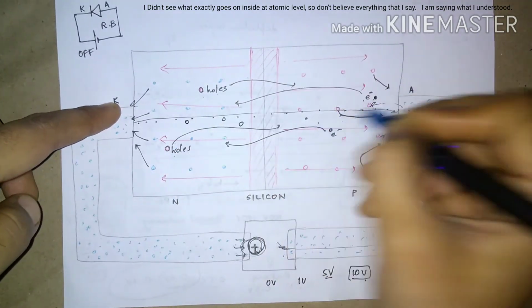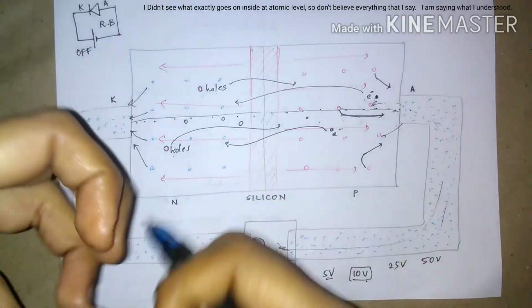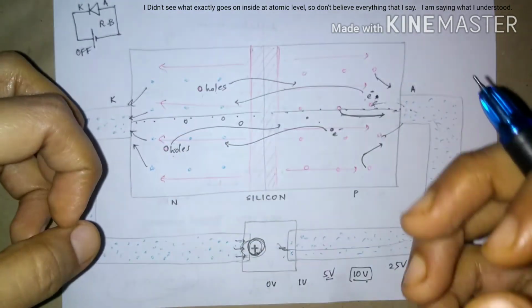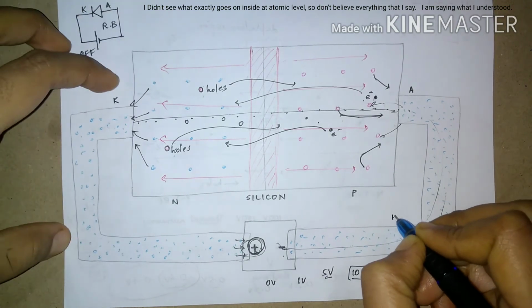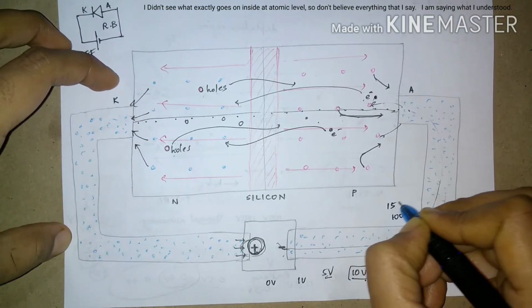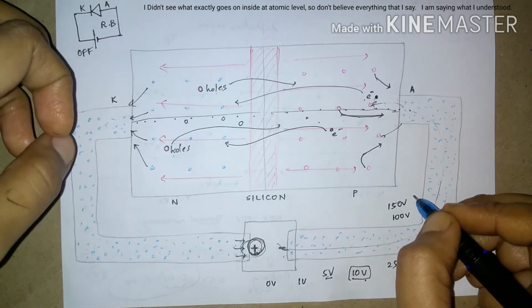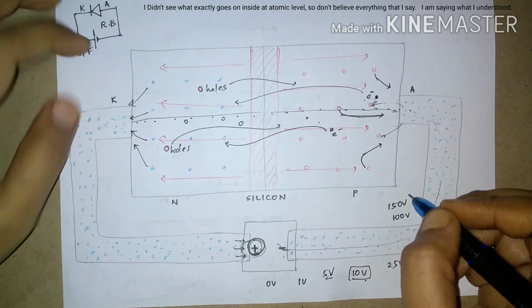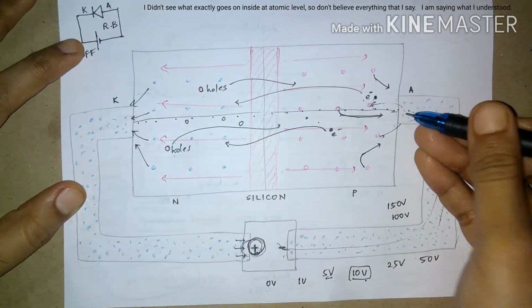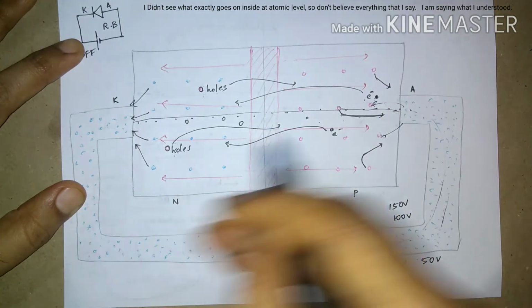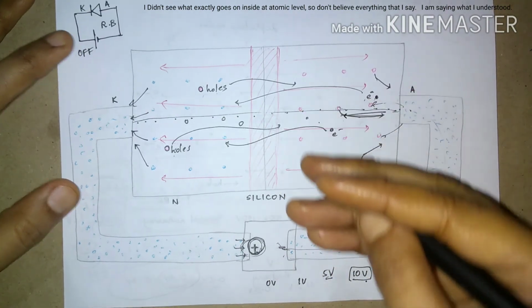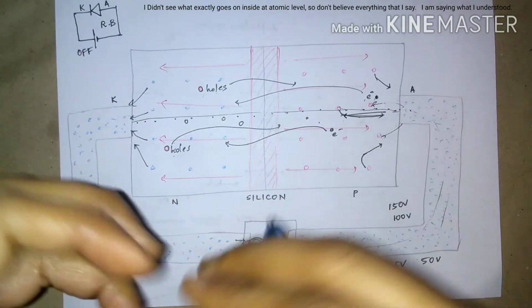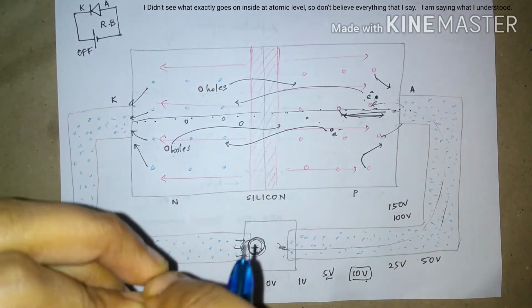So now the minority charge carriers are picking up, and once you reach some point like 100 volts or 150 volts, they go into a tremendous energy level where they go and hit one atom, and that atom gains more energy, releasing few electrons which go and hit all the other atoms which are around it.